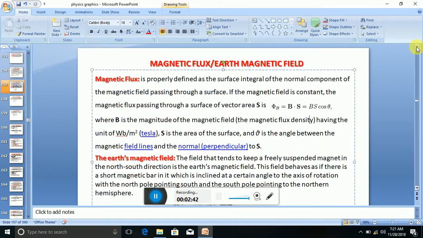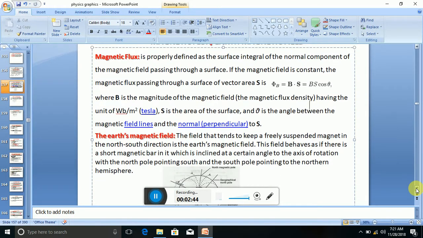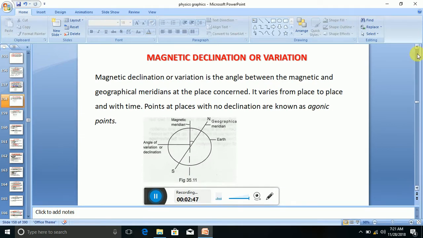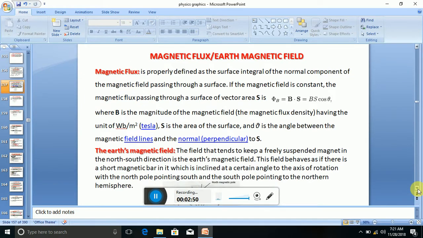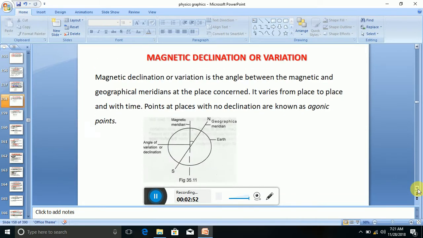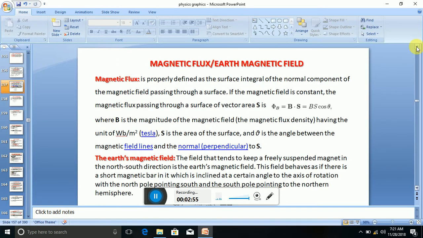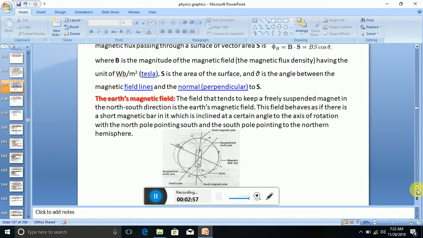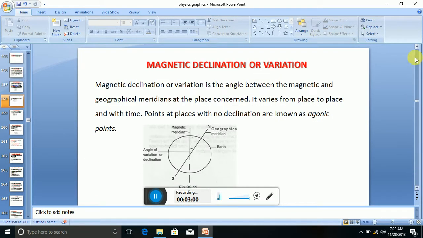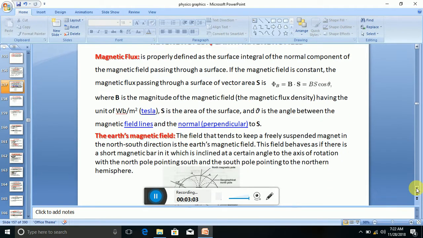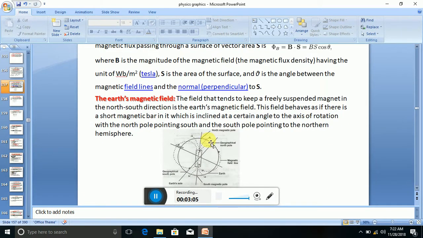Now, this is actually the diagram of what we just explained. This is the Earth, and you can see the Earth's magnetic field as if there was a magnet kept freely in the north-south direction.